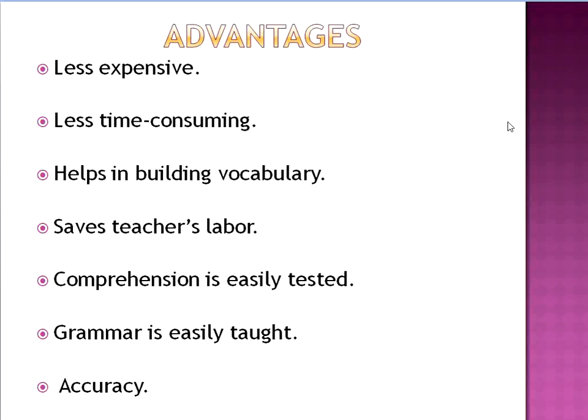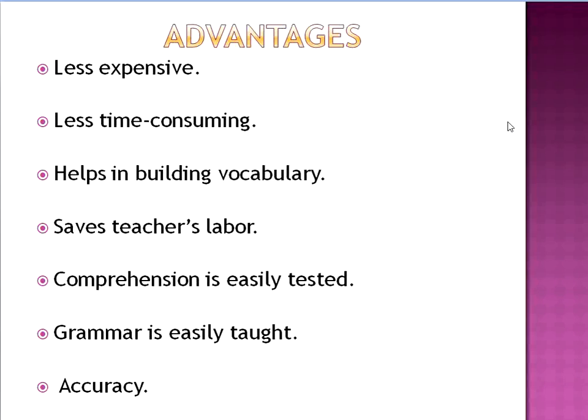But here the teacher need not use any teaching aids to teach his or her students. Why? Because they will have to translate only. So they need not have any source of TLM. Getting the point? That's why, from that particular point of view, we can say it becomes less expensive.